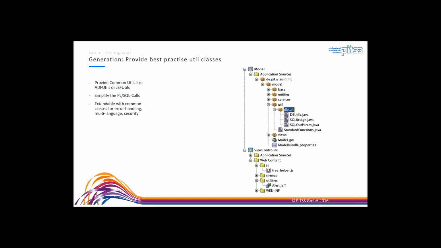And that's what we always provide. In the model project, we generate a util class for DB calls. You can put that into your common model or into each and every model. That's the decision you make during the generation process. And we provide these methods. On the other side, there is a good amount of JavaScript code provided to have some functionality in the UI that you know from the forms side.